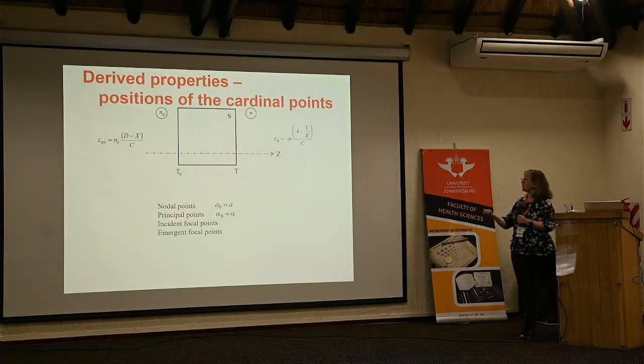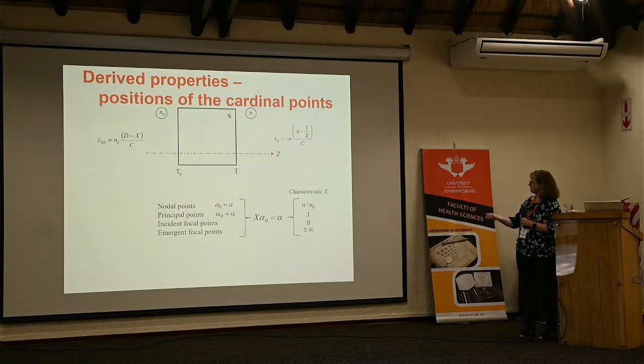For the anterior cardinal points, we have this relationship. So Z is the distance from the entrance plane. And if we substitute N over N naught for X, we can then find the position of the nodal point.